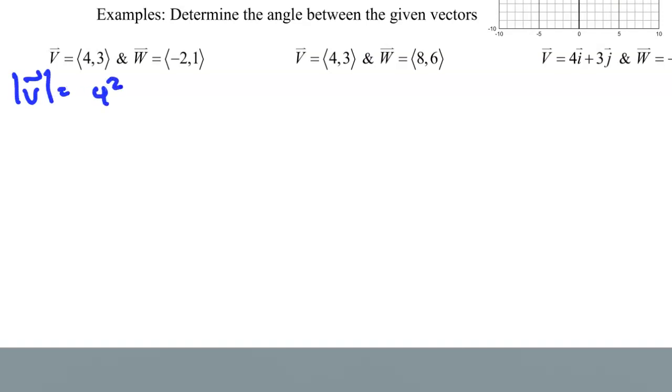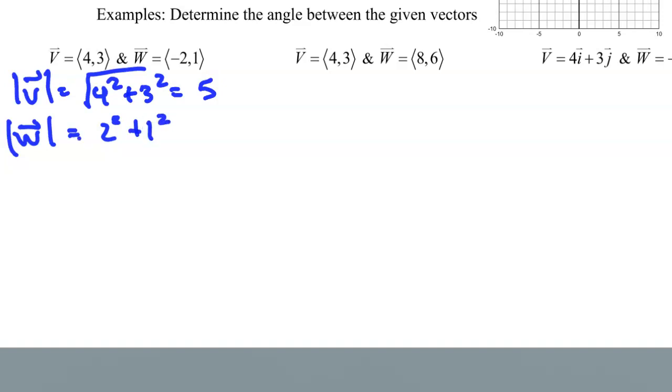I get 4 squared plus 3 squared, square root of. I get 5. Vector w, magnitude. When you do magnitude, you don't have to ever type in the negative numbers because anything squared is positive. So I'm just going to do 2 squared plus 1 squared square root of, and I get the square root of 5.